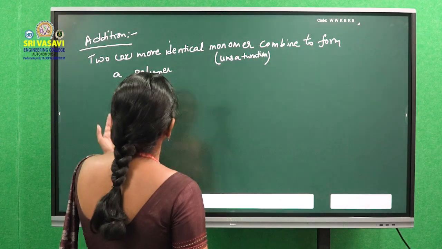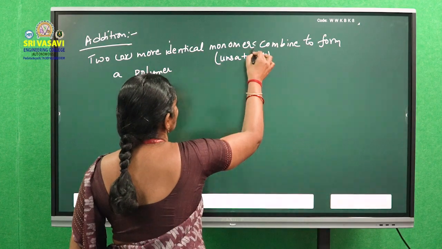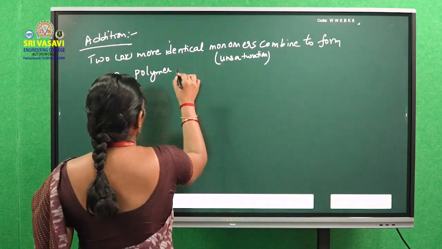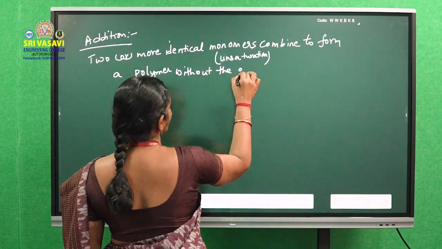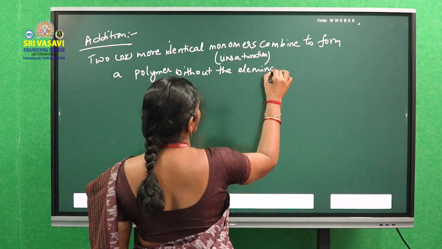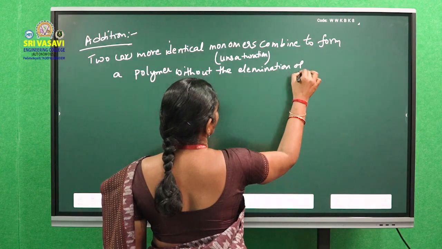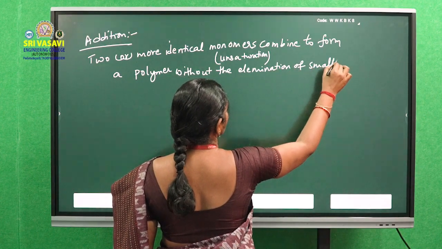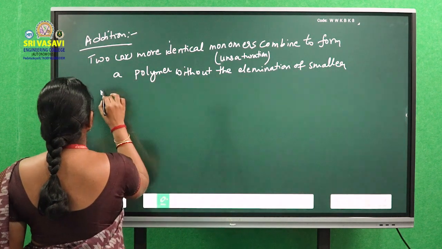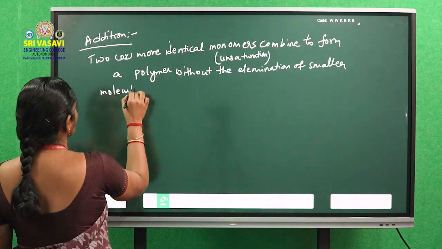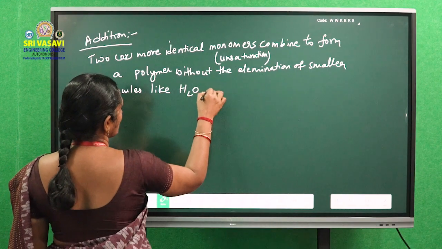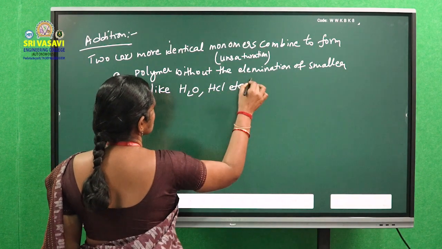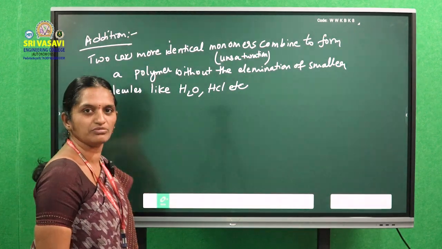So two or more identical monomers combine to form a polymer without the elimination of smaller molecules, like H2O, HCl, etc. That is called addition polymerization.